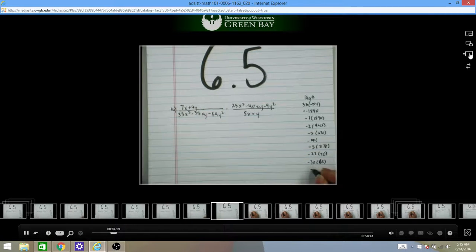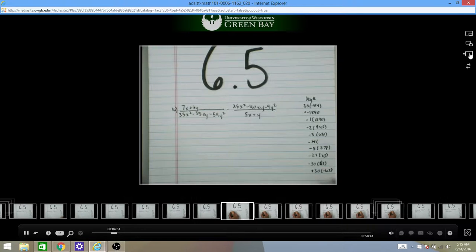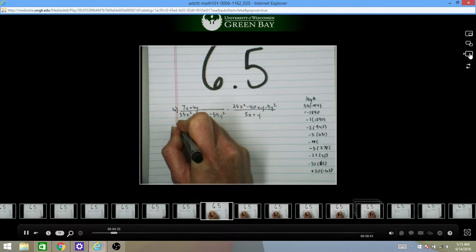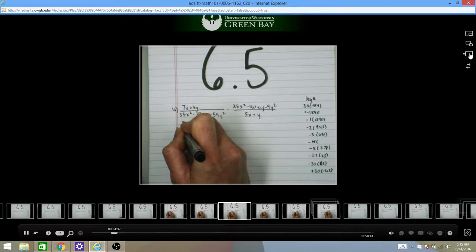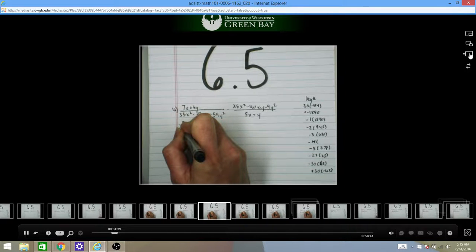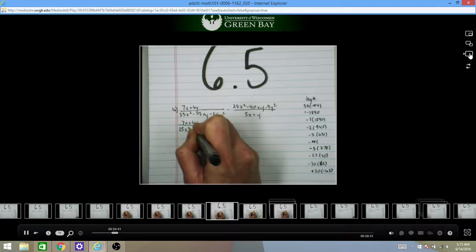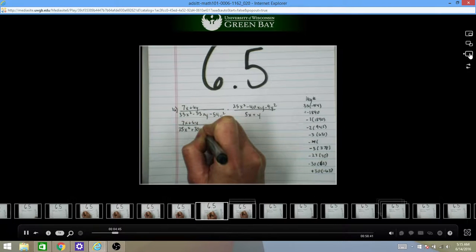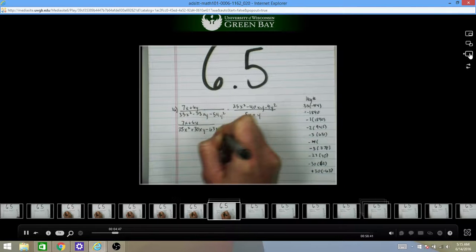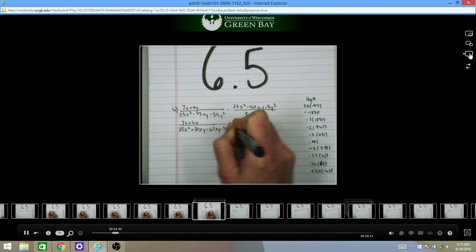So then we're going to split up. We split this up into plus 30xy minus 63xy. We do the same thing with the next one.